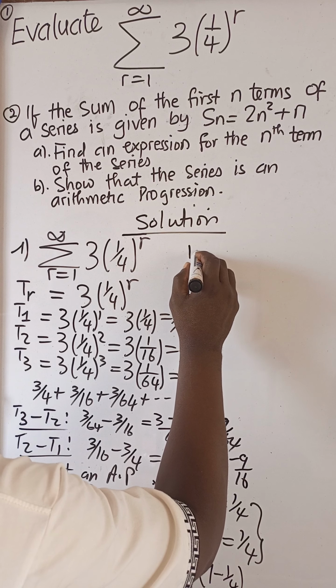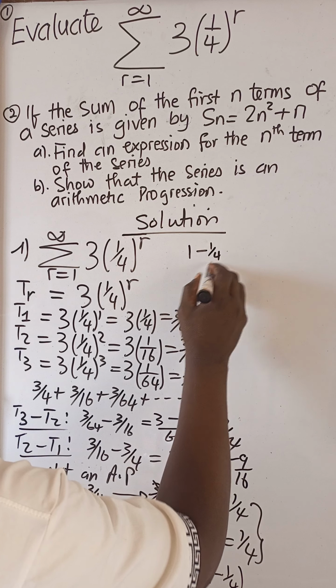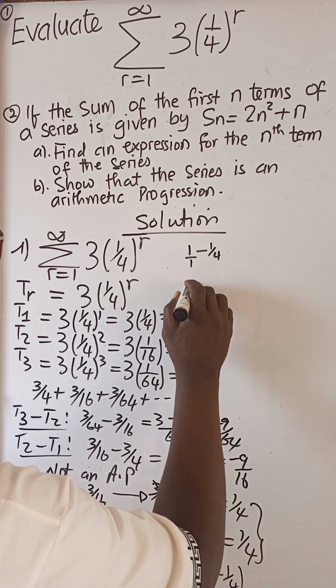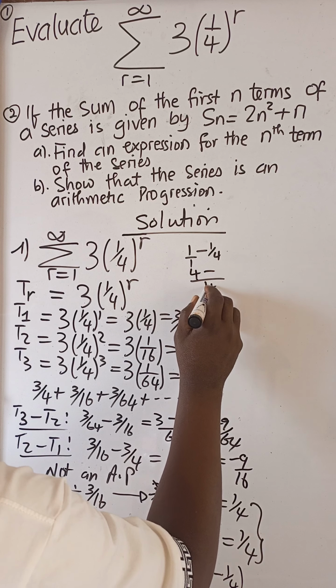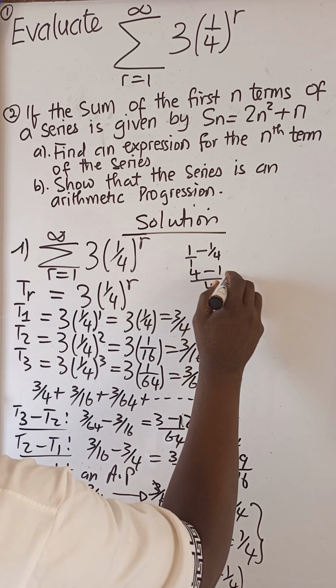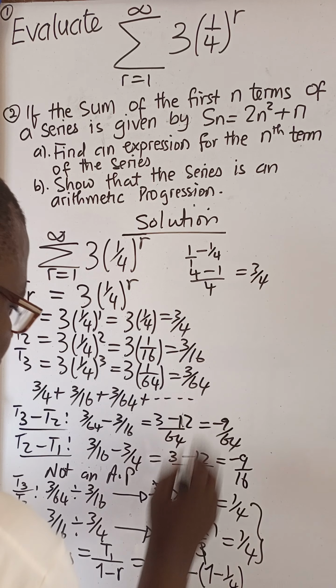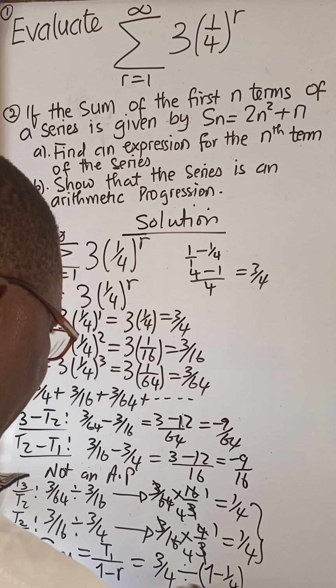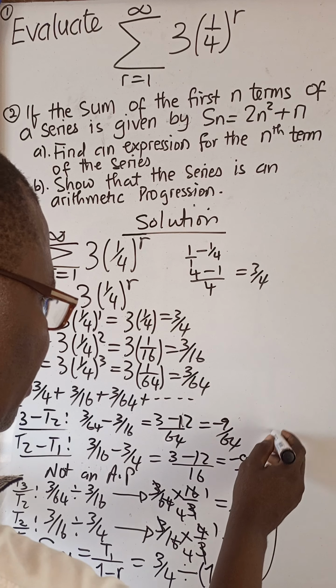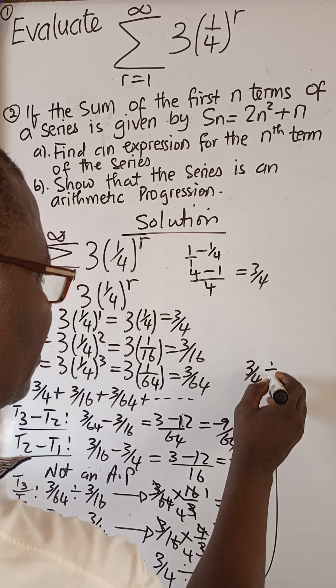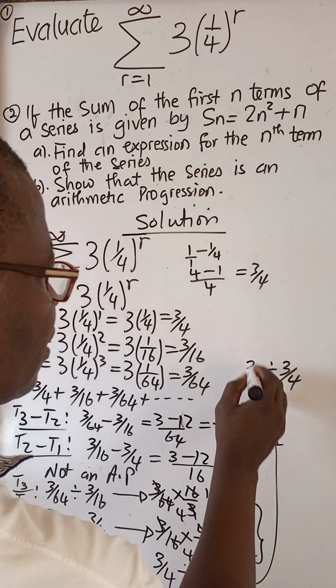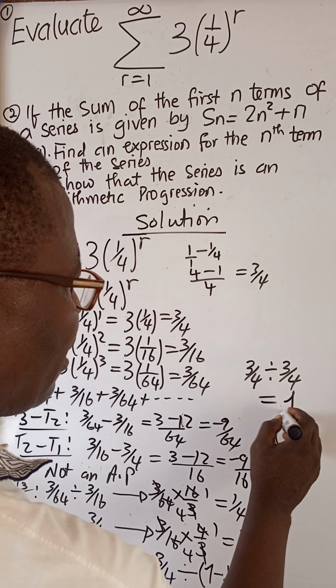Let's do that aside. 1 minus our common ratio, which is a fraction, so we can make the 1 a fraction. The LCM is 4. 4 divided by 1 is 4, multiplied by 1 is 4. 4 divided by 4 is 1, multiplied by 1 is 1. So we have 3/4. So finally we have 3/4 divided by 3/4. 3/4 divided by itself, so our answer is 1.